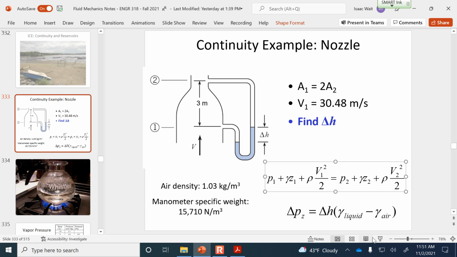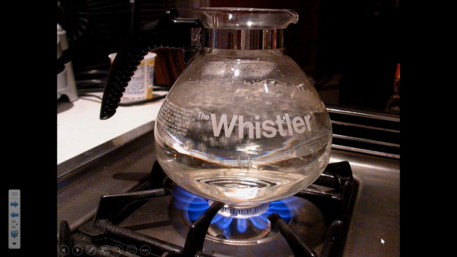Let's talk again about cavitation. We've discussed it before. Remember that you can get water to boil a couple of different ways. One is to heat it, and when you're heating the water, what you're doing is increasing the vapor pressure of the liquid until it matches the atmospheric pressure.